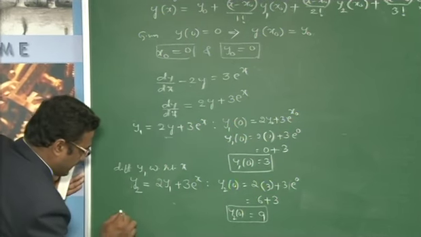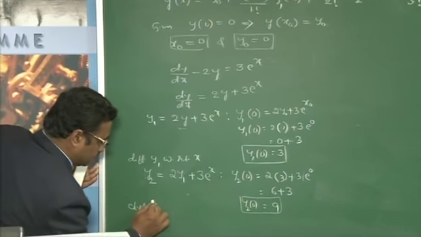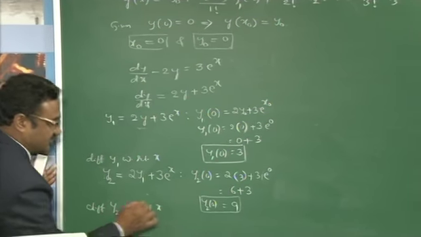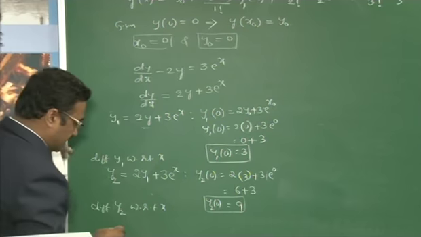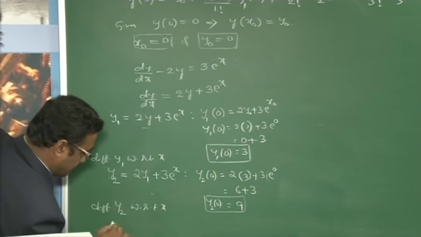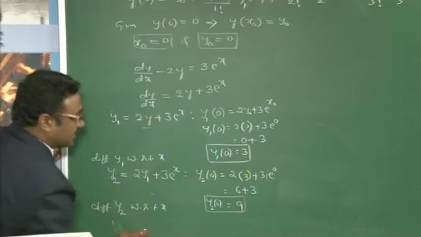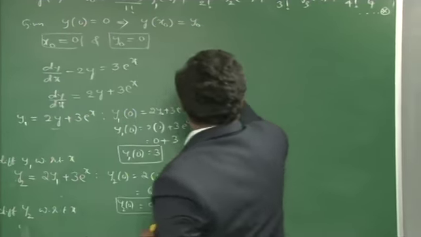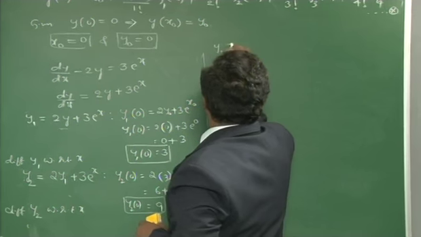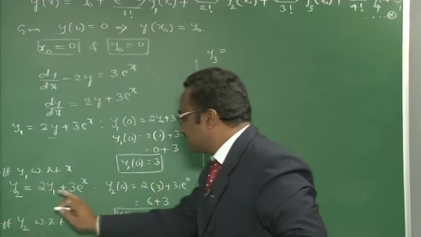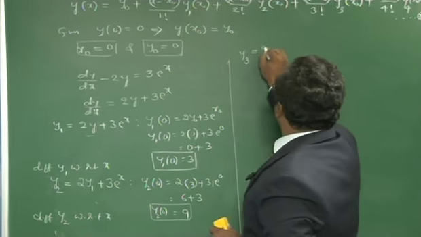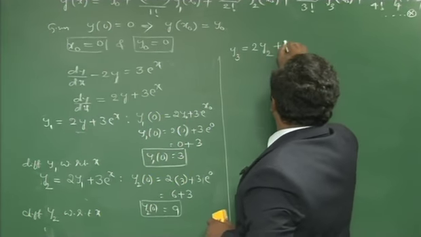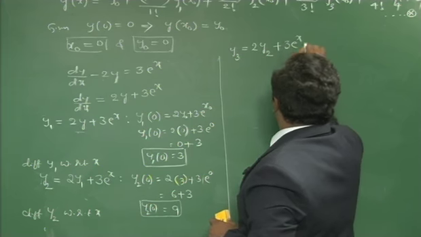Then again differentiate y2 with respect to x. It becomes y3. This y3 should be equal to 2 into y2 plus 3 into e power x.